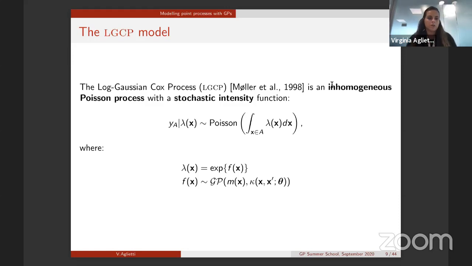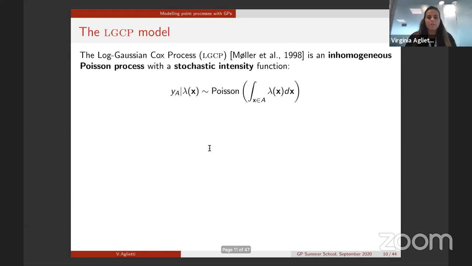So if we consider an area A, the number of events that we observe in the area, Y_A, given the intensity, is the exponential of the integral of this intensity function over the region A, where lambda(x), the notation generally used for the intensity function, is the exponential of a Gaussian process.